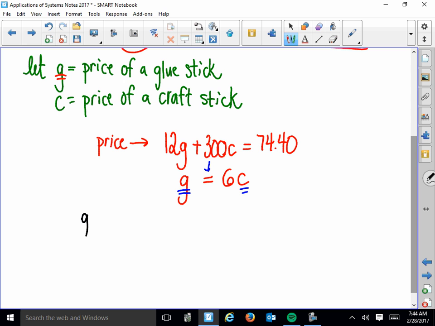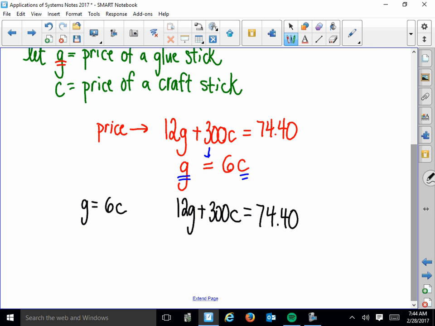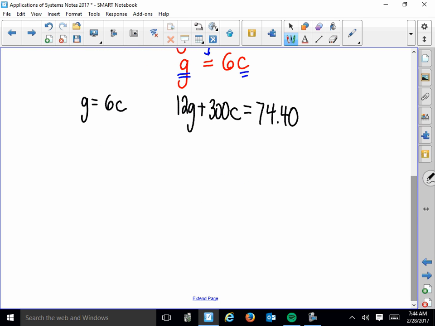Now, when I use substitution, I like to write the equations side by side to help me remember that I do not use the equations at the same time, as we do when we're using elimination. I know that G is equal to 6C, so I am going to place a box around 6C. That tells me that I'm going to go into the second equation and replace G with 6C.